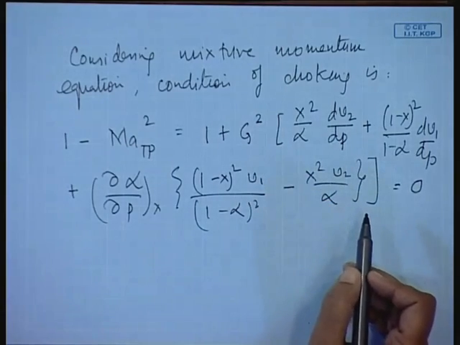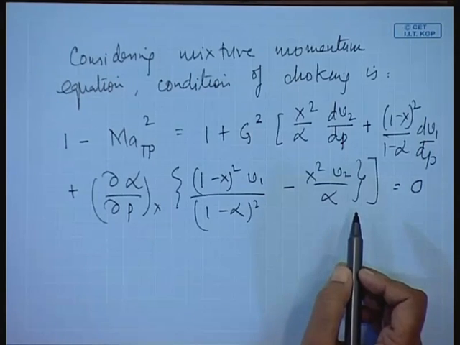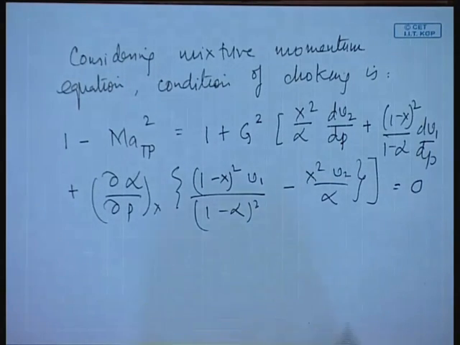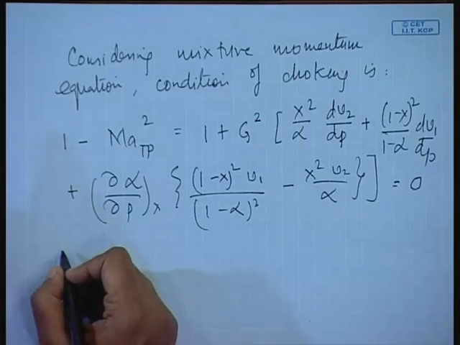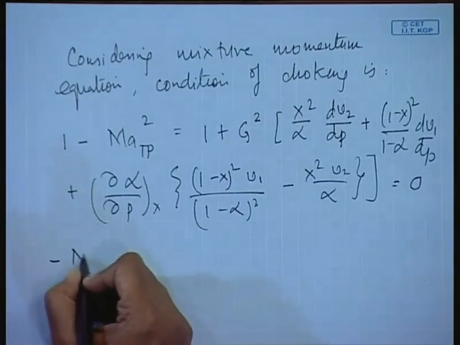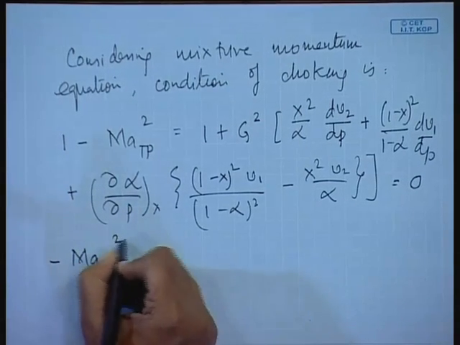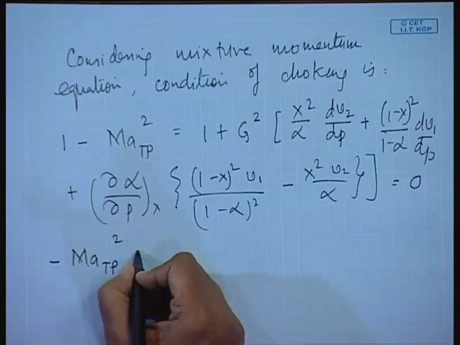Right. Now, let us see what other simplifications or modifications we can do in this particular case, and from here we can obtain an expression of the Mach number as obtained from the two fluid model.